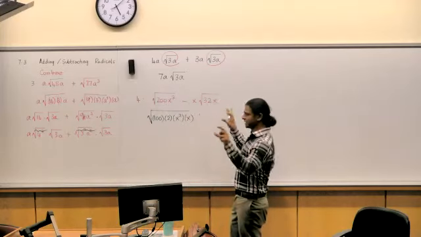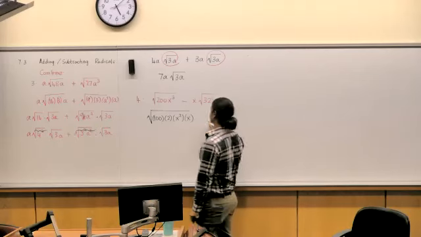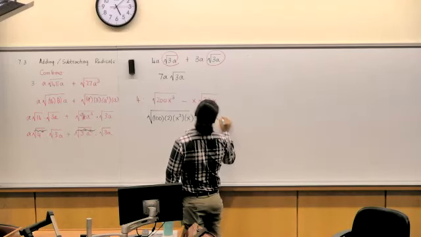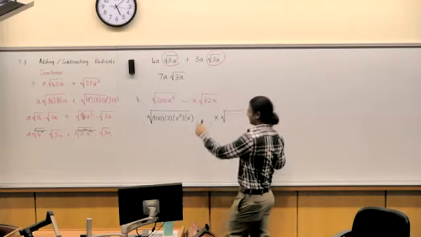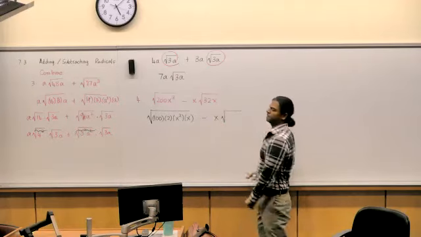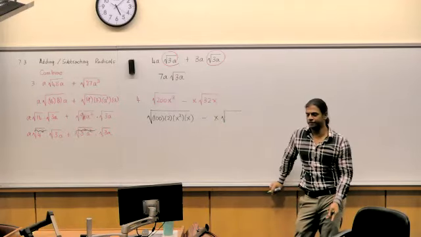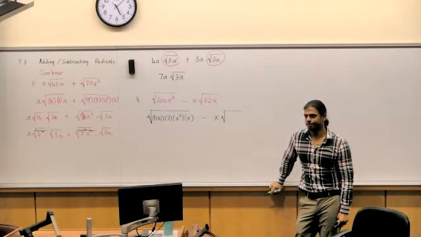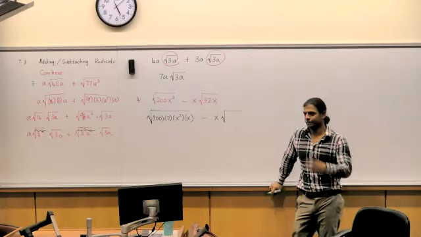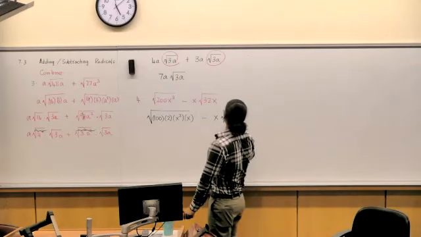See, I'm splitting it in terms of perfect squares. Minus x. Well, how should we split 32 so that I get a perfect square? 16 and 2.